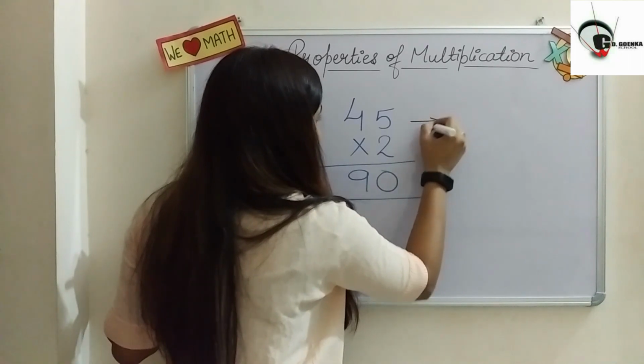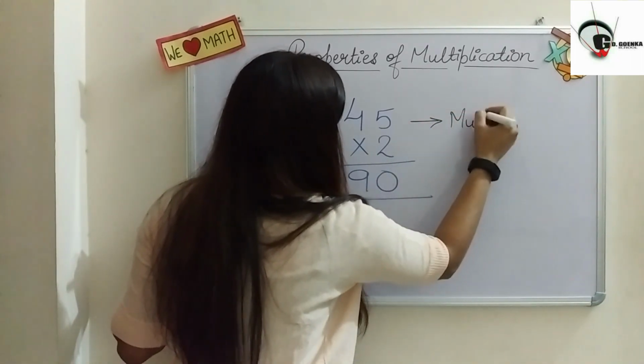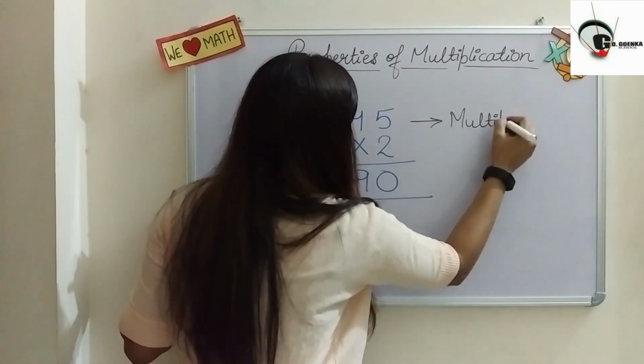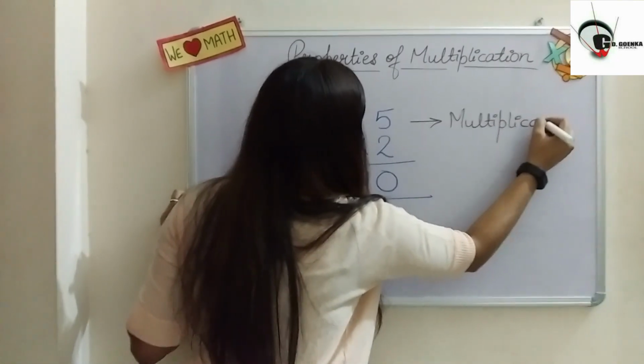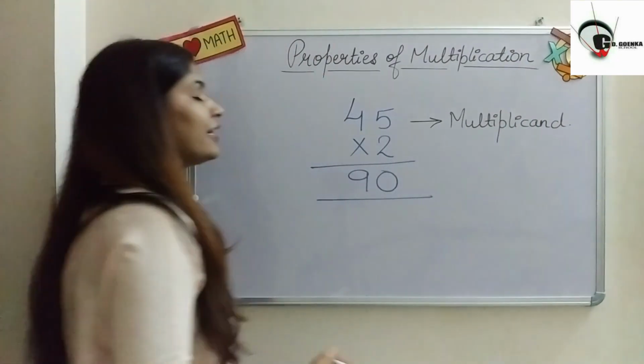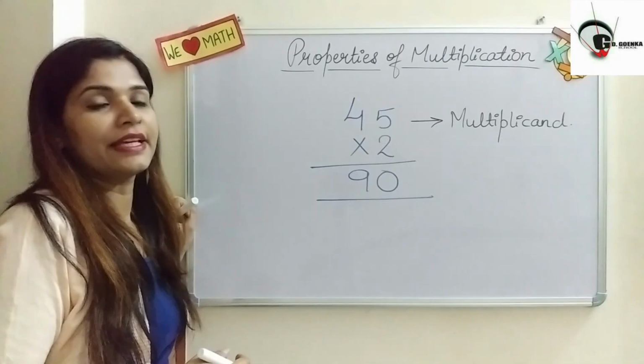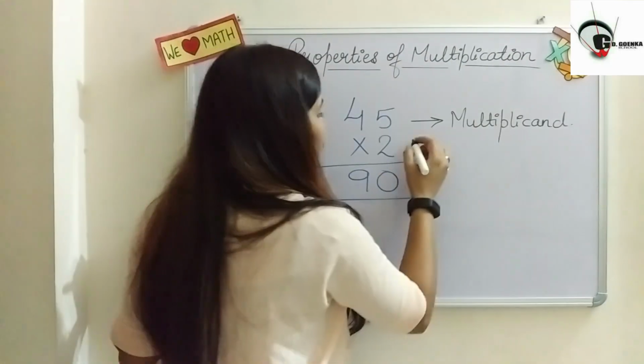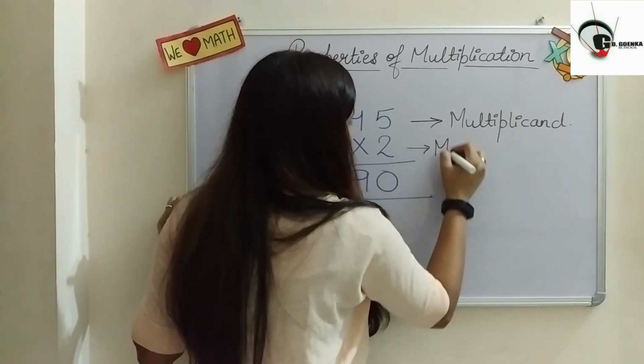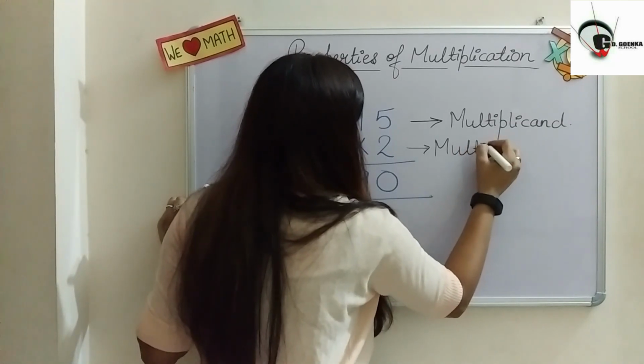This 45 is known as the multiplicand. The number which we are multiplying is known as the multiplicand, and the number by which we are multiplying is known as the multiplier.